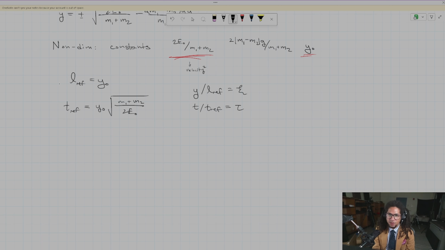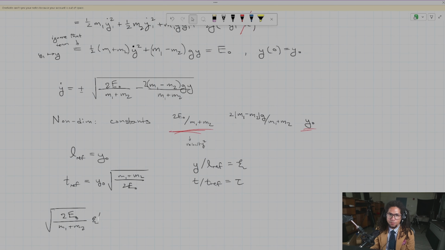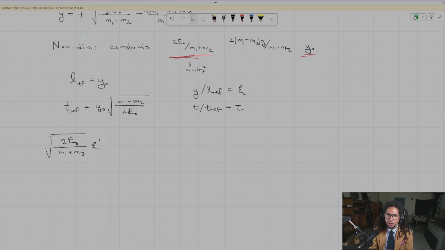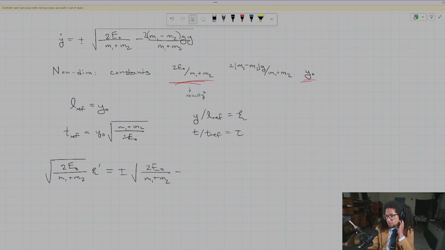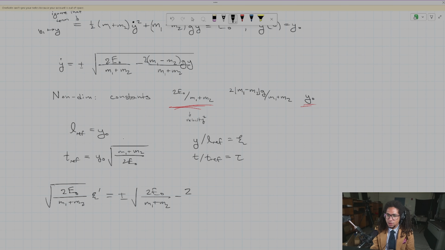I'll have my reference velocity, which I know is root 2 e naught over m1 plus m2 times c prime, that replaces this left-hand side, is equal to plus or minus the square root of 2 e naught over m1 plus m2 minus 2 times m1 minus m2 g y naught c over m1 plus m2.